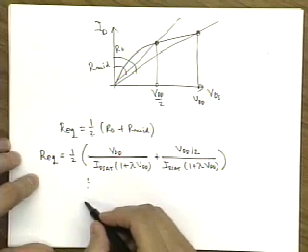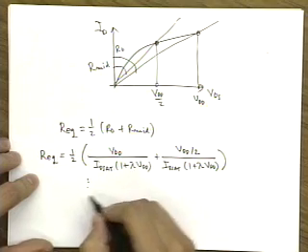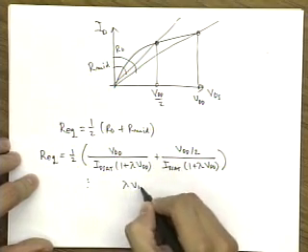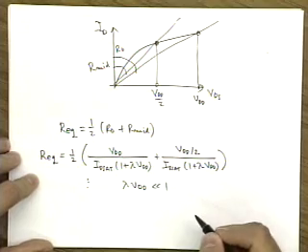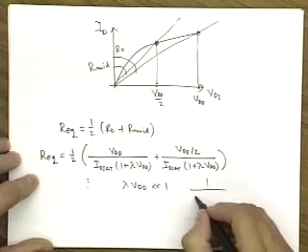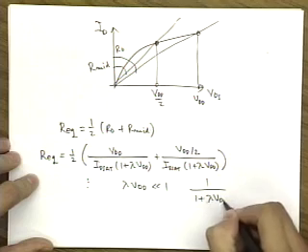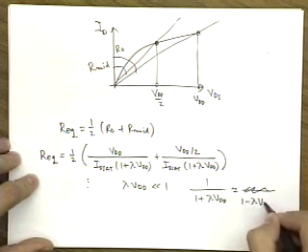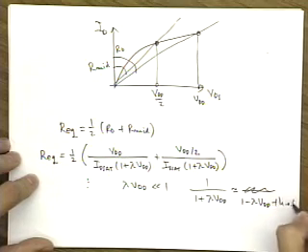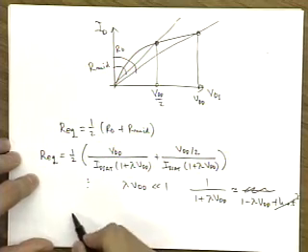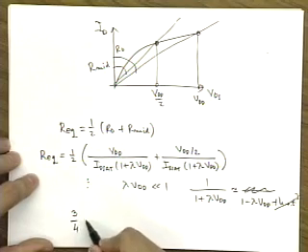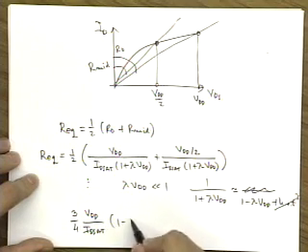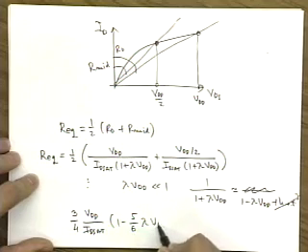You need to assume that lambda VDD is much less than 1, so that the factor of 1 plus lambda VDD can be approximated as 1 minus lambda VDD plus higher order terms that you neglect. Then you end up with the formula 3/4 VDD over ID sat times 1 minus 5/6 times lambda VDD.